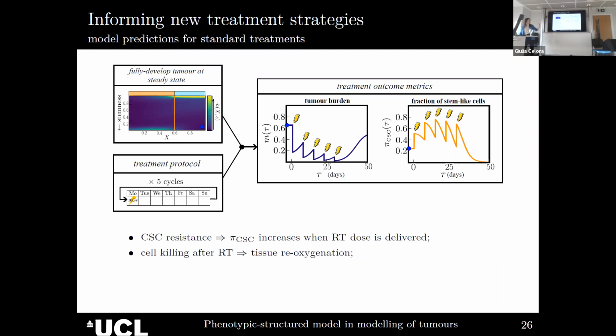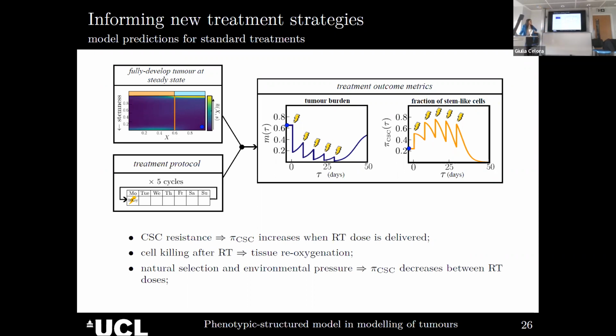So we do accumulate stem-like cells after radiotherapy, but then the environment naturally drives these cells to differentiate. So nature plays in our favor in some sense. In between radiotherapy sessions, the fraction of stem-like cells decreases as long as there is oxygenation and competition.